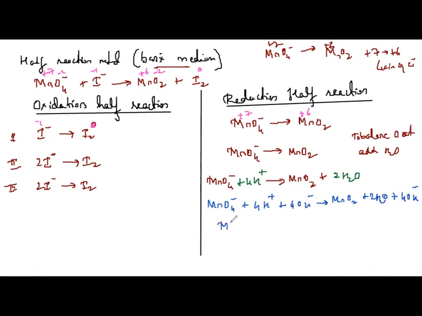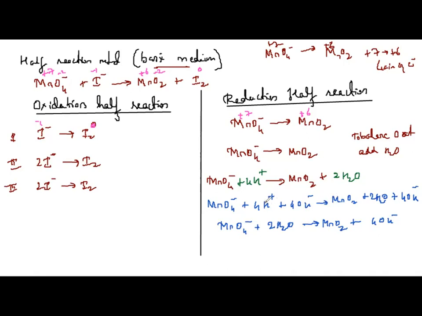So the resultant equation becomes MnO4 minus plus 4H2O gives MnO2 plus 2H2O and 4OH minus. So 2H2O cancels out, only 2H2O remains on the left. Yes. So this is the equation after balancing hydrogens and oxygens.